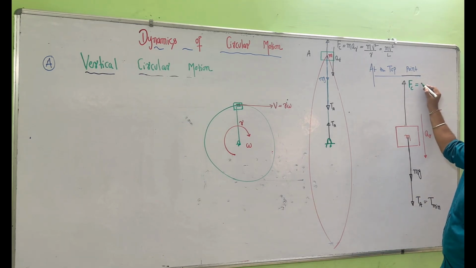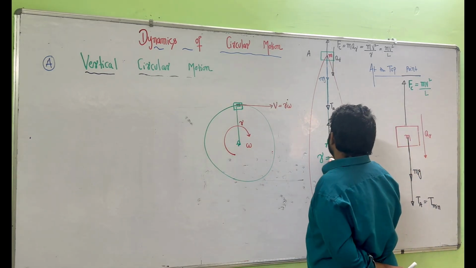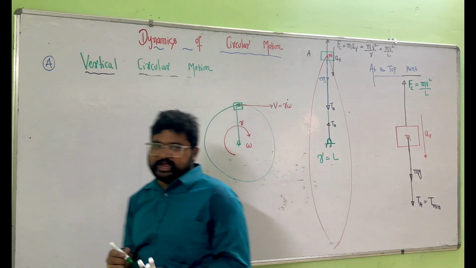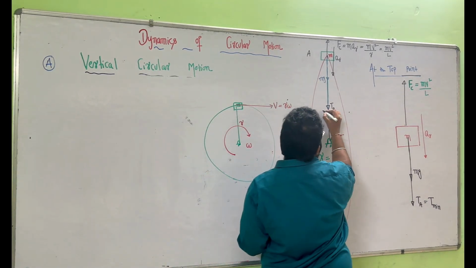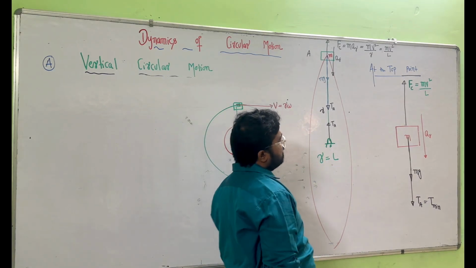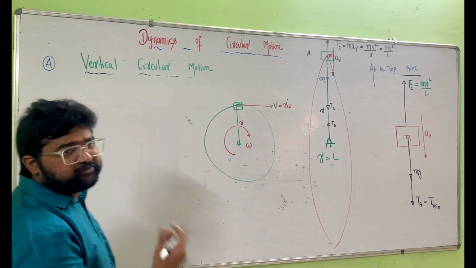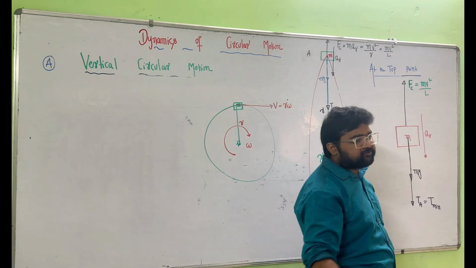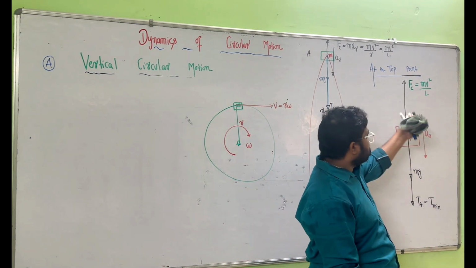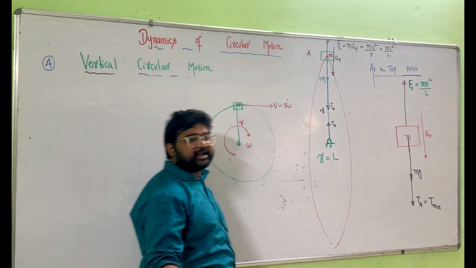Centrifugal force is m v square by L, as the radius of circular motion equals the length of the string. Centrifugal force is nothing but the inertia force in circular motion. When the inertia force is represented in the free body diagram, the dynamic problem is converted into a static problem.